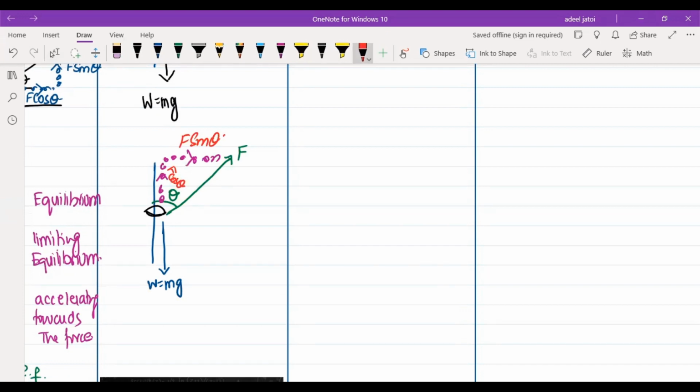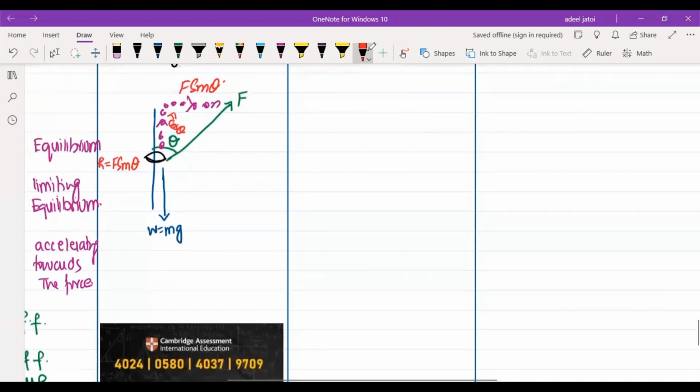If it's a vertical surface, you should be agreeing to one point, and that is that the reaction would be horizontal. So if the force is being applied on the right hand side, your reaction would be on the left hand side. So let's say your reaction is here. So this should be F sine theta as well.